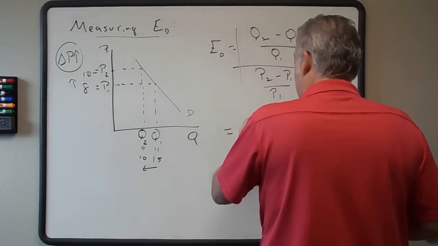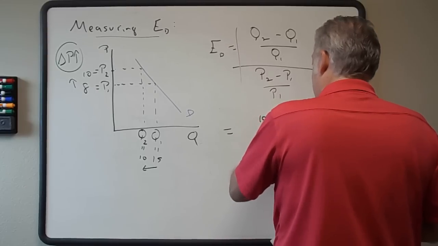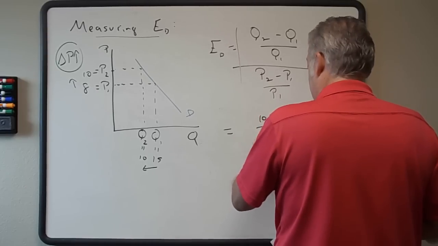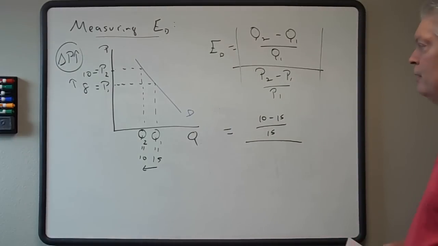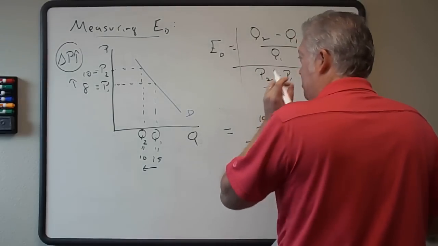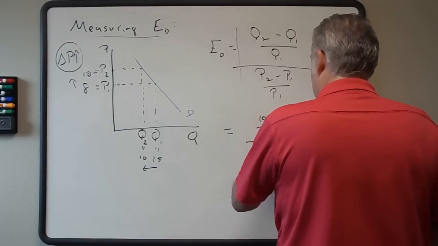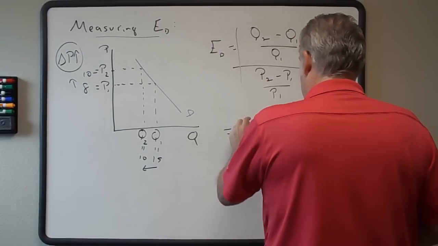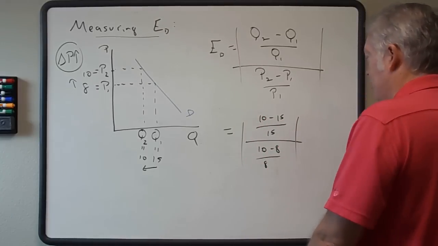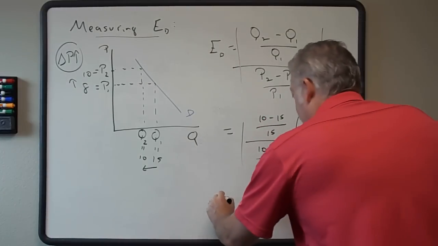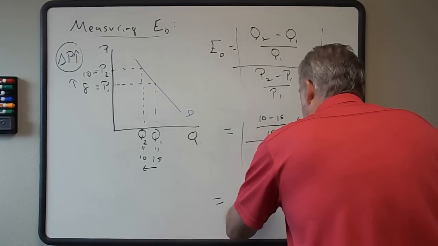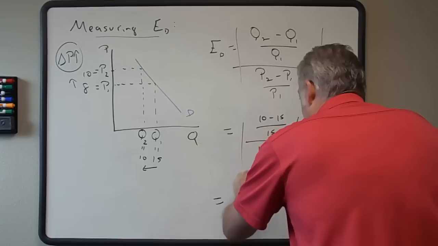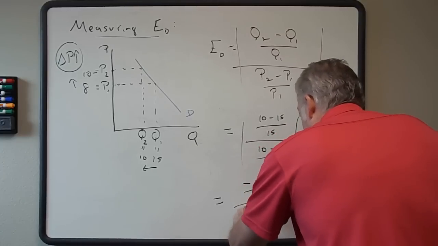Q2 minus Q1 is 10 minus 15, over 15, divided by P2 minus P1, which is 10 minus 8, all over P1, which is 8, absolute value of that expression. To solve for this, again, the math is relatively straightforward. You get negative 5 over 15 divided by 10 minus 8, which is 2 over 8.